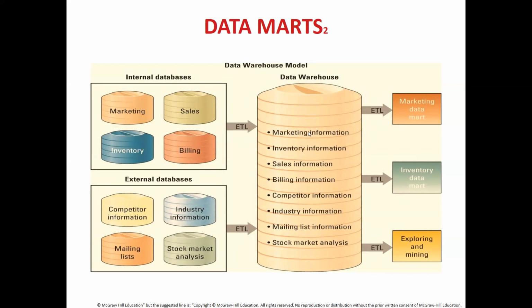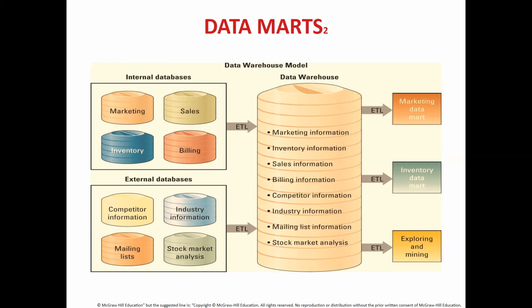Now, from the data warehouse, from the huge set of data that is given, data is divided into subsets. For example, if you look at this here, 1, 2, 3, 4, 5, 6, 7, 8. All different sorts of data come into the data warehouse. When we say subset, it just means the warehouse groups data.